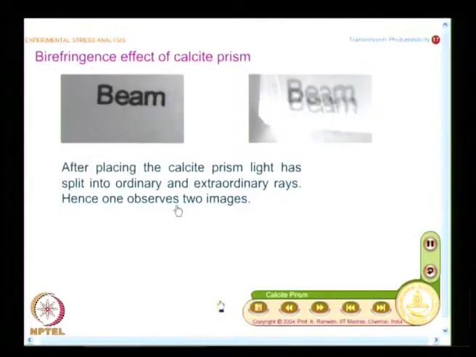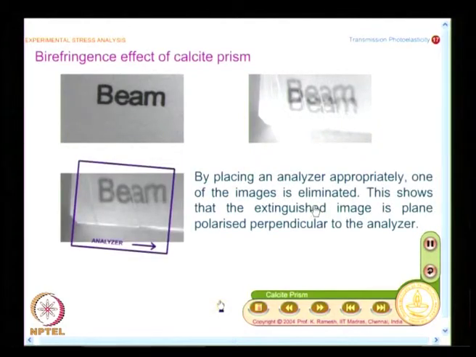So, what I will do is, I am going to put a Polaroid sheet on top of it, and the intermediate process is not shown, the final process is shown here. So, I have an analyzer and I orient it in this direction. What do I see? I see only one of the images, what I saw as two in the earlier case.